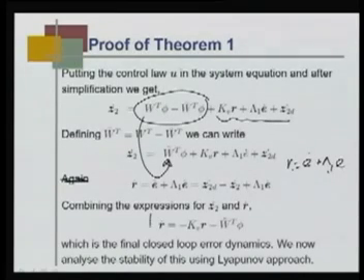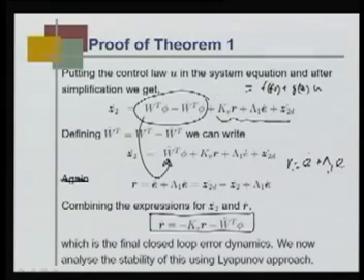So, this is our closed loop dynamics, obtained by replacing u in our system dynamic, which is f z plus g z u is z2 dot.